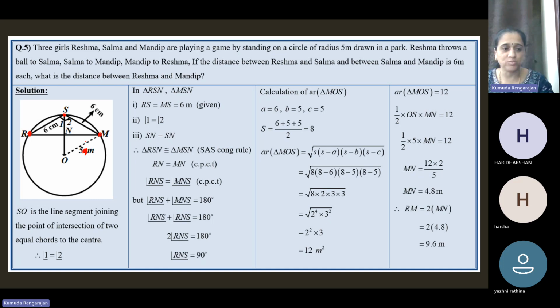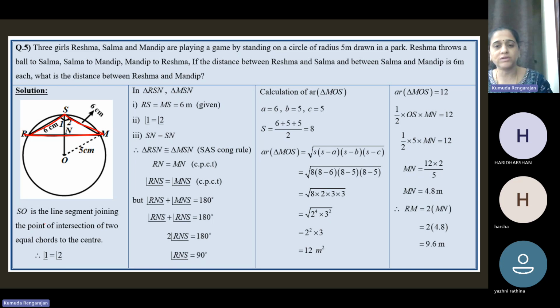Reshma throws a ball to Salma, Salma to Mandeep, and Mandeep to Reshma.